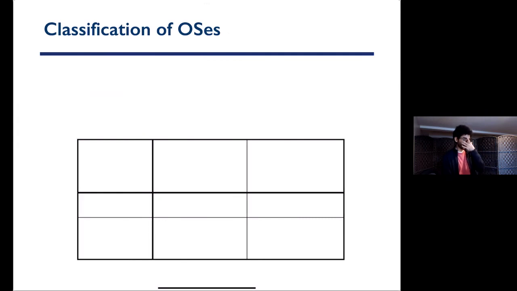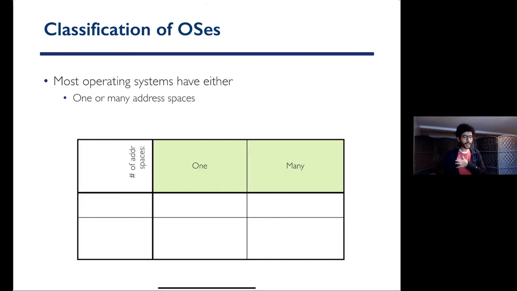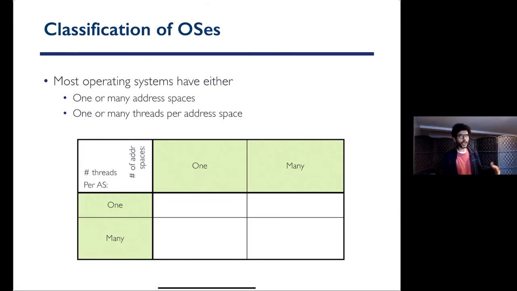Now let's do a classification of operating systems, and I'm going to use 2 axes for this classification. The first one is how many processes does the operating system have? One process or multiple processes? And the other one is how many threads per process? One or many?